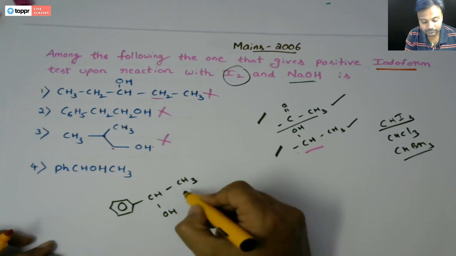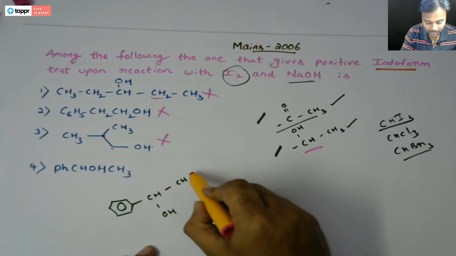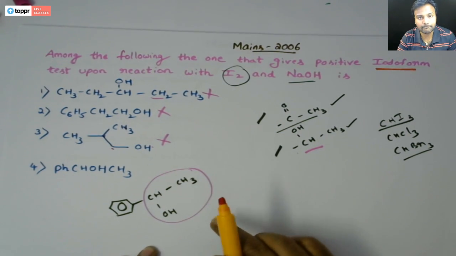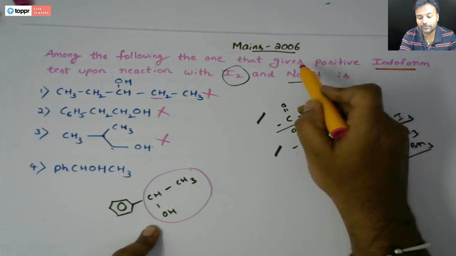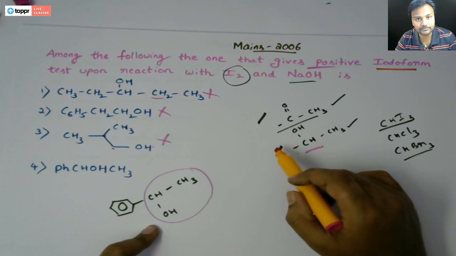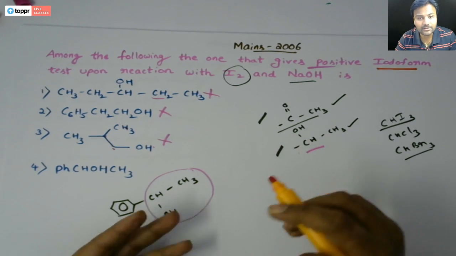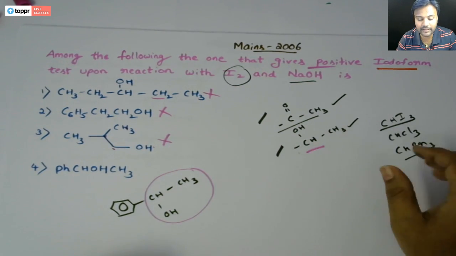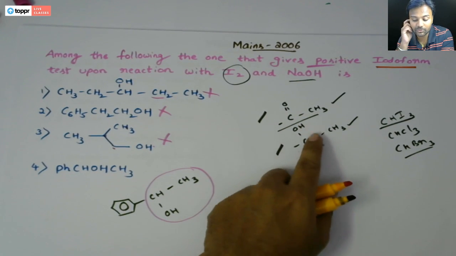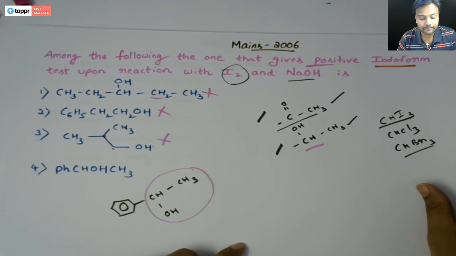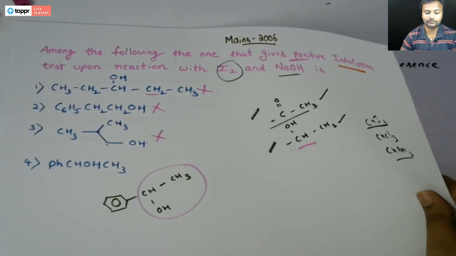This group. So this compound gives a positive iodoform test. Is it clear, students? This is how you identify it. So this is a ketone, this is a secondary alcohol. Okay, moving on to the next question.